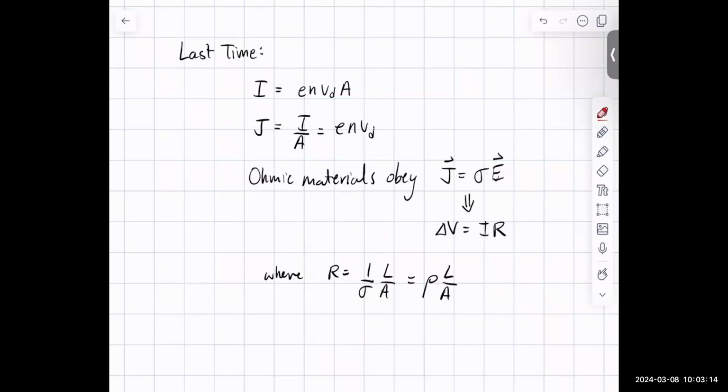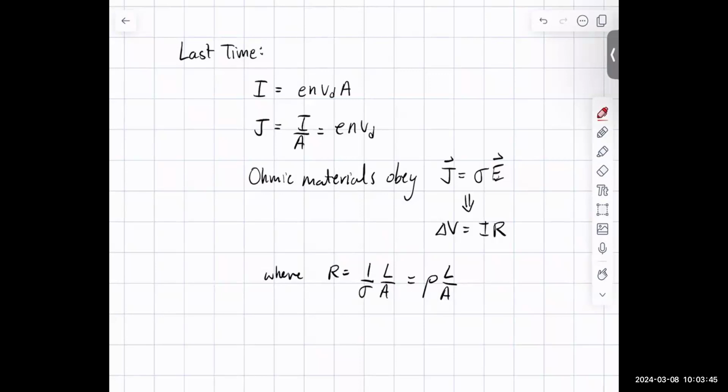And we were able to recover Ohm's law, which for a certain type of material says the voltage across the material is proportional to the current through it, and that constant of proportionality is the resistance. We were able to write the resistance in terms of some property of the material, either the conductivity or the resistivity, and the length of the conductor and its cross-sectional area.